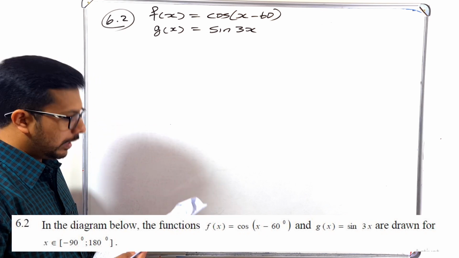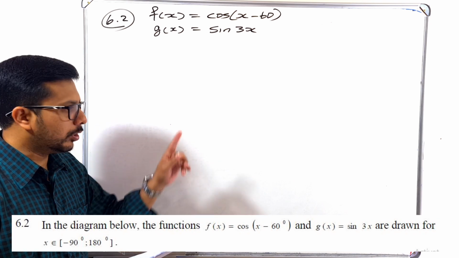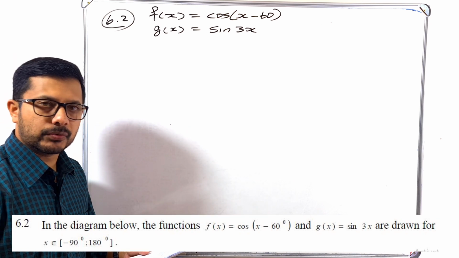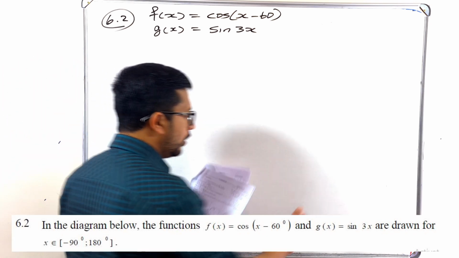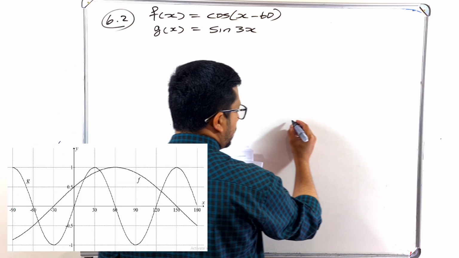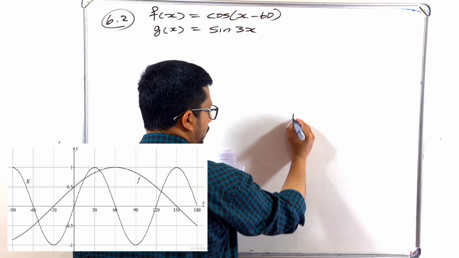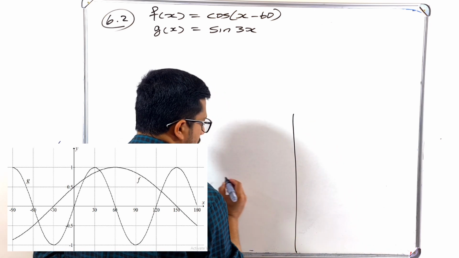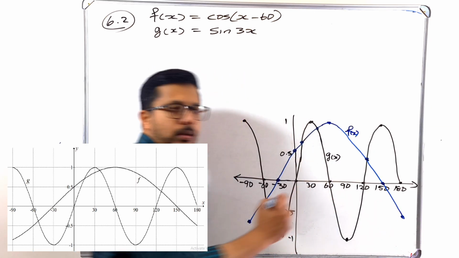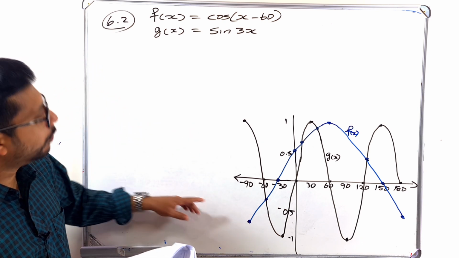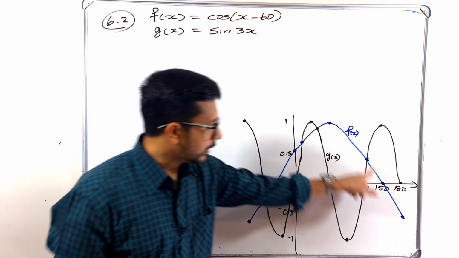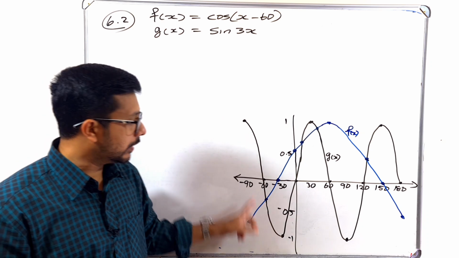So there is a diagram drawn there. Let me draw that diagram here, then after that I will explain based on that diagram. Okay, so there is an x-axis. There are two graphs given like this. The blue one is f of x and the black one is g of x.